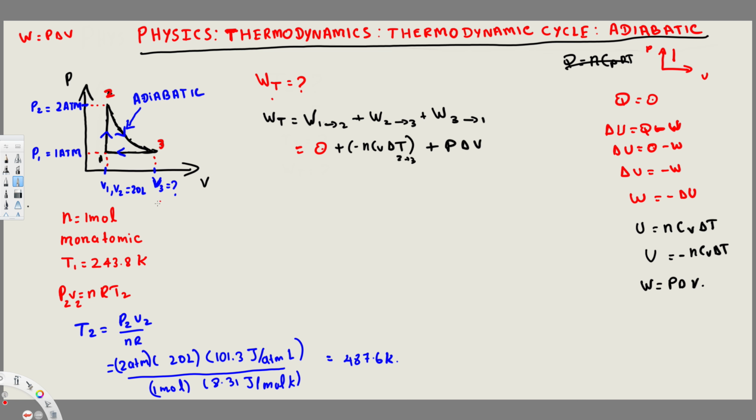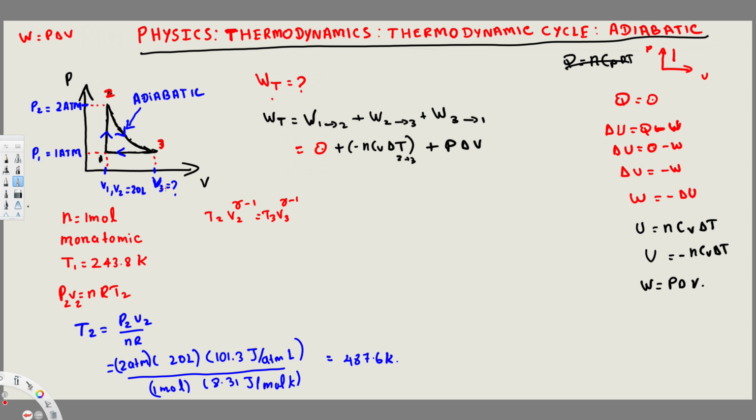We don't, so we can't use the ideal gas law to find T3, but we can use another equation: T2 V2 to the gamma minus 1 is equal to T3 V3 to the gamma minus 1. Again, we don't have V3, so we have to do something else.